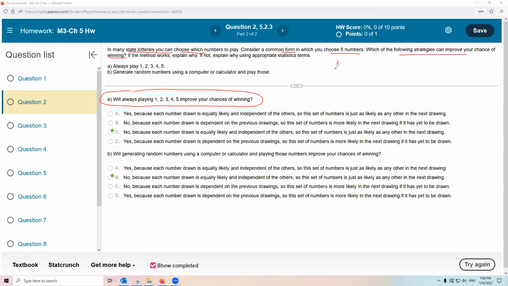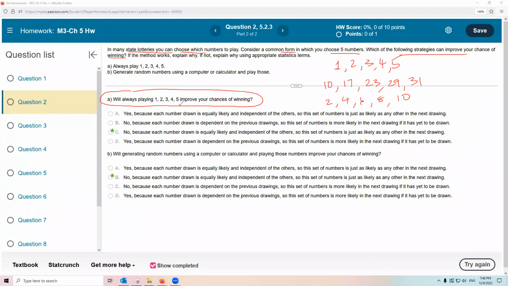So if you pick 1, 2, 3, 4, 5, that's equally likely as picking 5 random numbers like 10, 17, 23, 29, 31. Or I pick 2, 4, 6, 8, 10. It doesn't matter. Every group of 5 numbers has an equally likely chance to be selected.